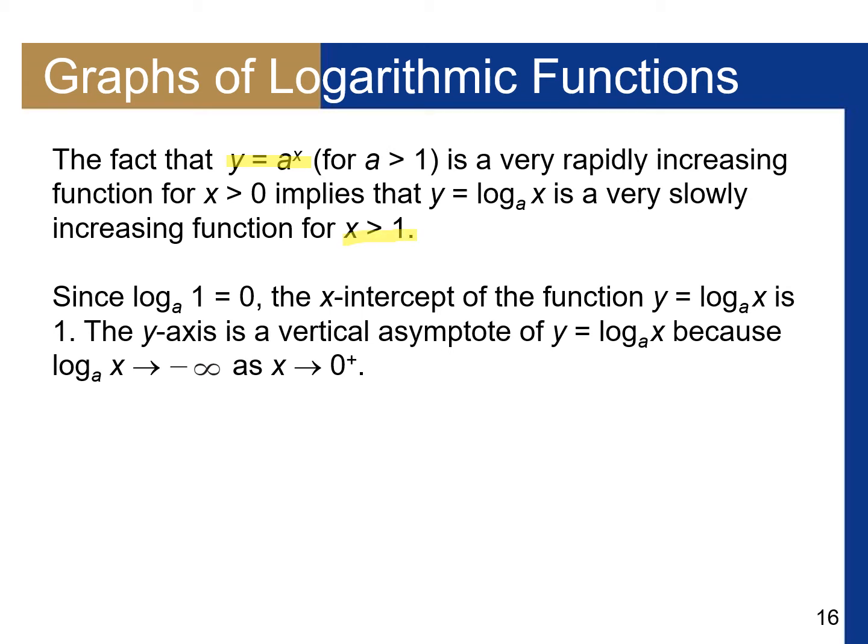Now, since we have log base a of 1 equals 0, the x-intercept of the function log base a of x is going to be 1. So before the y-intercept was 1, and now the x-intercept is 1. The y-axis is a vertical asymptote of y equals log base a of x because log base a of x goes to negative infinity as x approaches 0 from the positive side. That's what this means, remember, from the positive side.